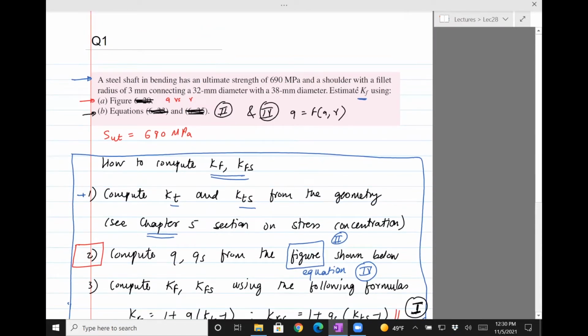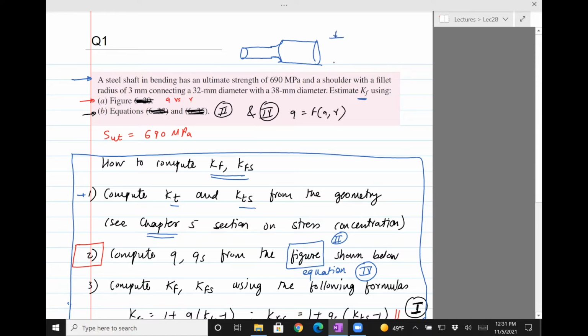So it says that there's a shoulder with a fillet of radius 3 mm connecting a 32 mm diameter with a 38 mm diameter. So my inclination is there's a shaft of 32 mm diameter. There's another shaft of 38 mm diameter. And they are connected by some kind of a fillet, like this.